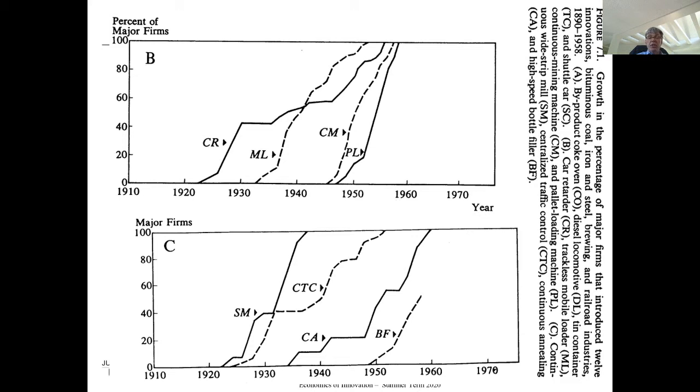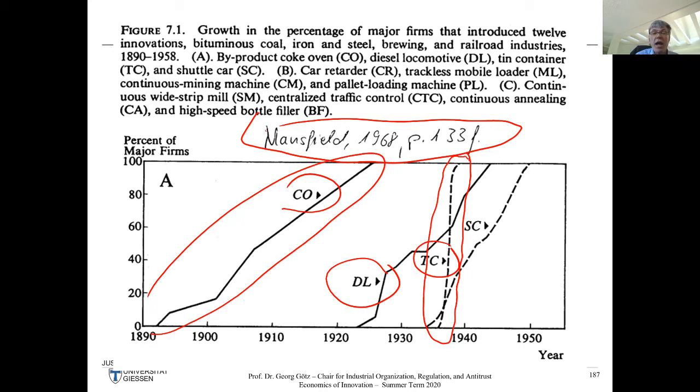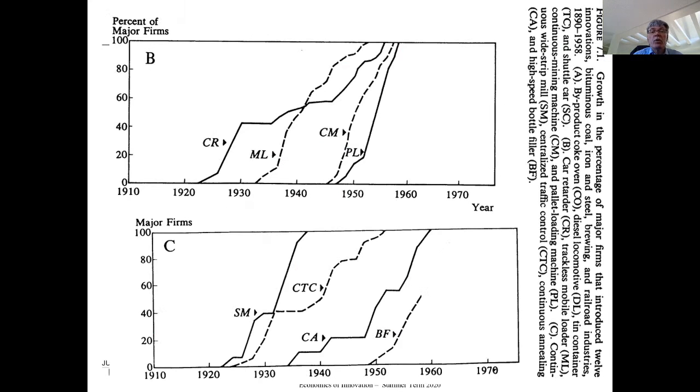And what you see is somehow it looks like an S, but what is more important in a sense is that you have some technologies which are adopted almost simultaneously and others which take very long. And what of course we want also to explain is why there are these differences.